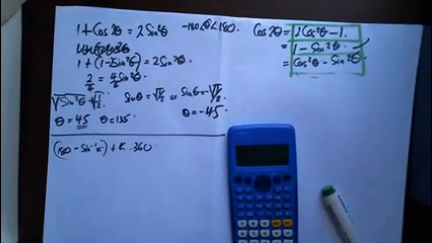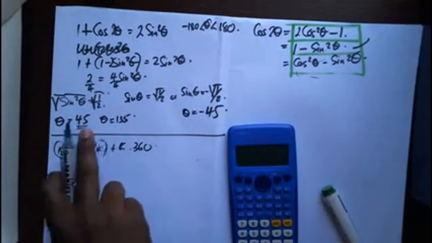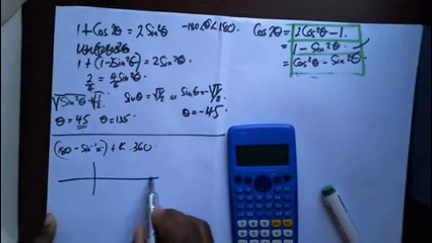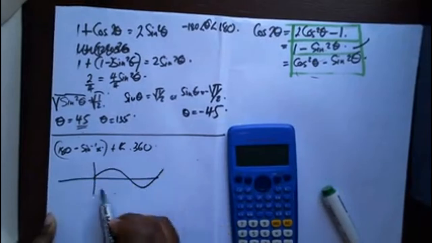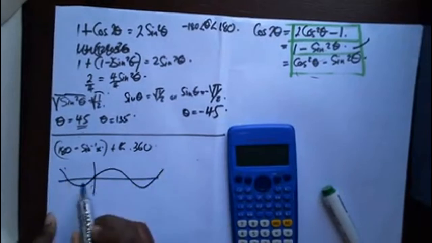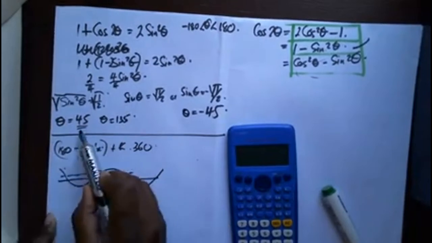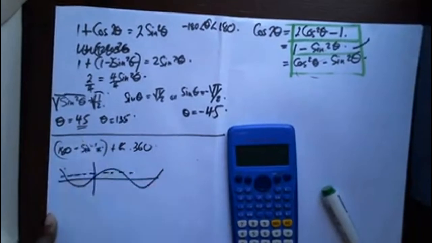Or I can say negative 45 plus 180, it still gives me this. But if you look at the graph now, let's draw the graph together. The graph of sine is like this. So if I have these two solutions, let me quickly share the screen again.